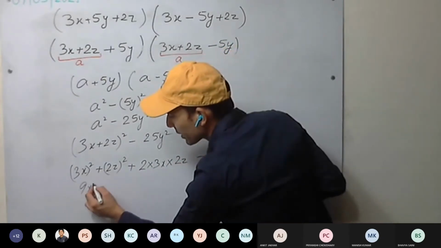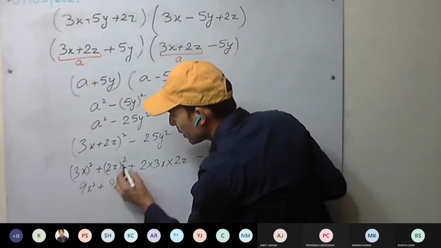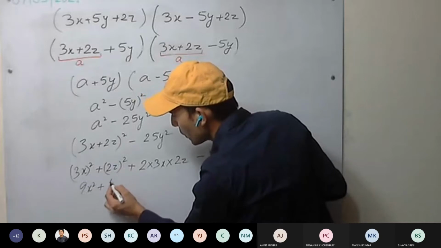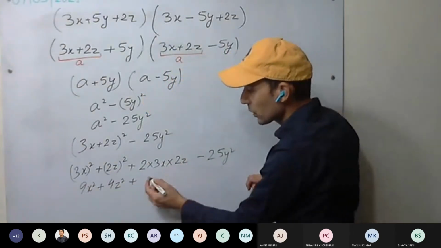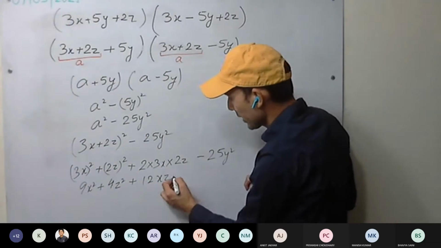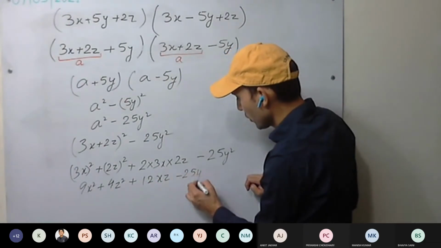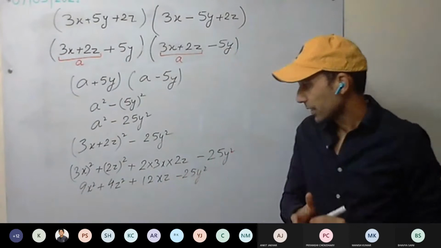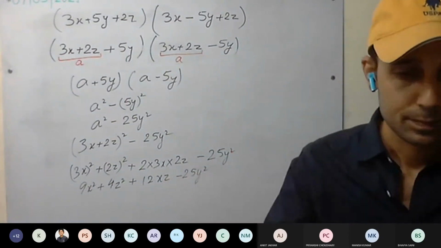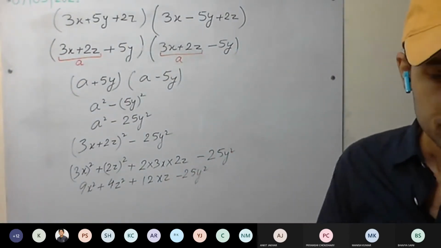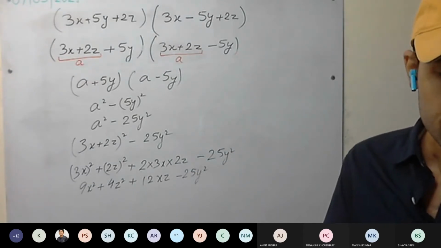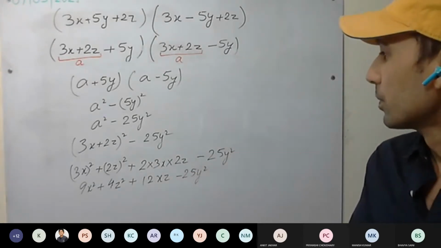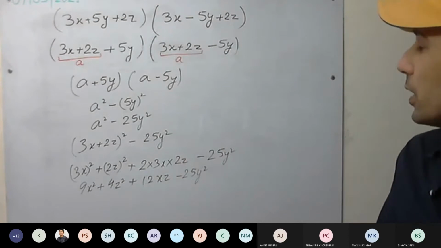So it will be 9x square plus 4z square plus, 2 3 is 6, 6 2 is 12xz minus 25y square. Check whether it is correct or not.